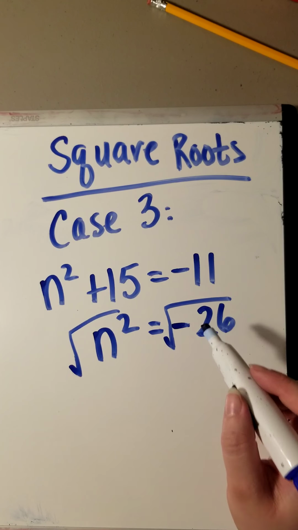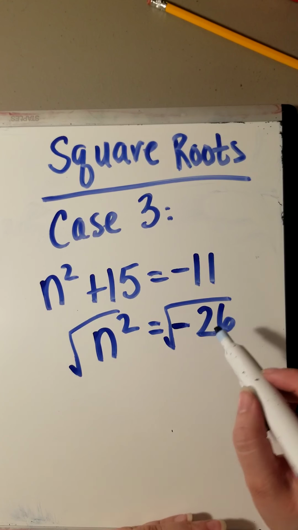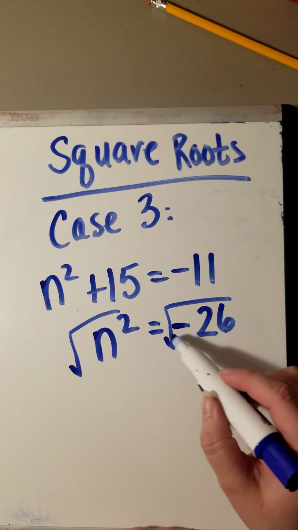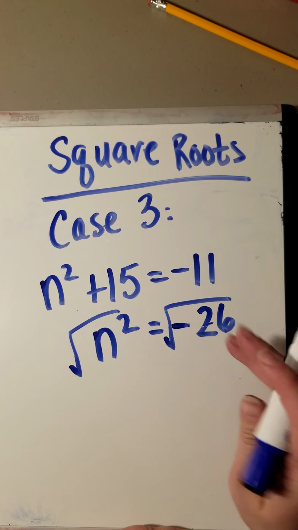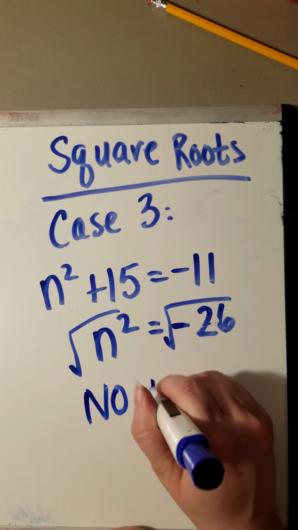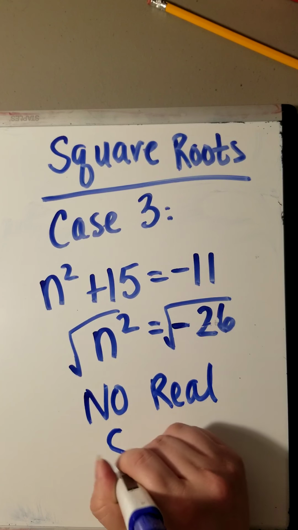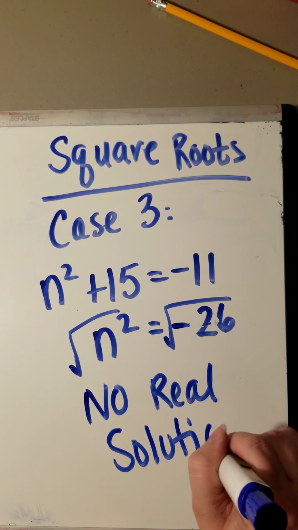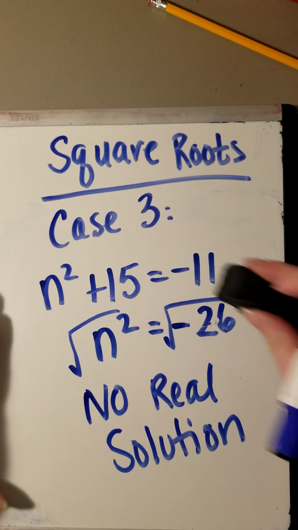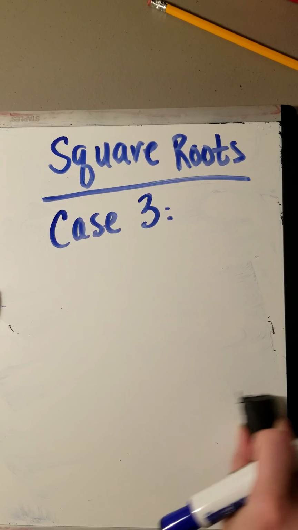And we can't really do that because that's going to result in an imaginary number. When you take the square root of a negative, that's an imaginary number. So this one has no real solution. I guess it's not really 4 cases, it's just part of this third case.